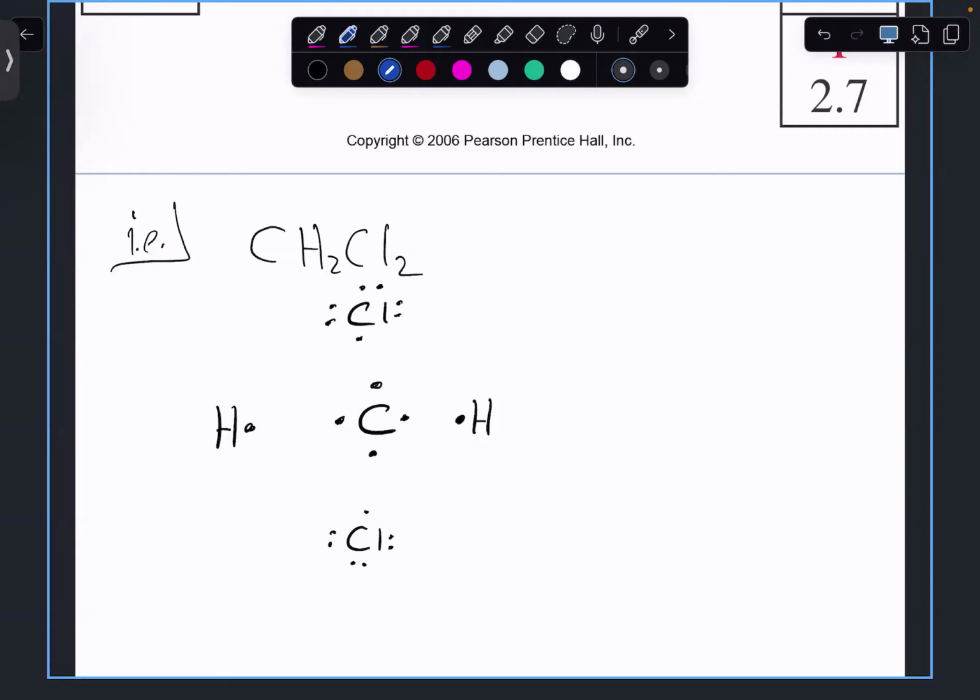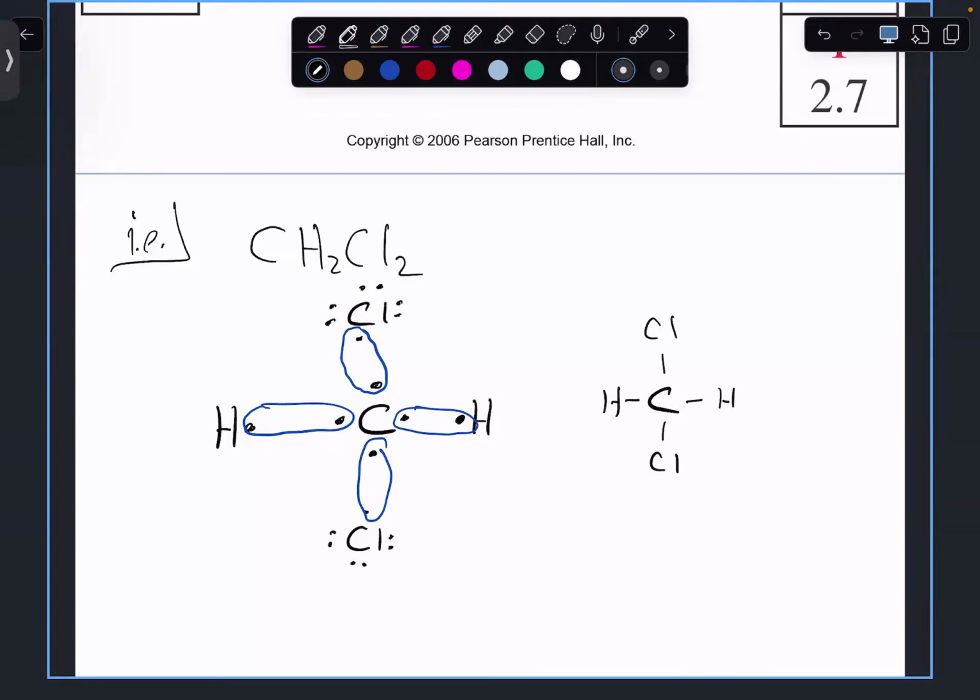It will always make 4 bonds. So that's how we'll put them together. Pair those 2, pair those 2, pair those 2, pair those 2. And the way we would write that is like that. And if you want to be a stickler, you can draw in your lone pairs.